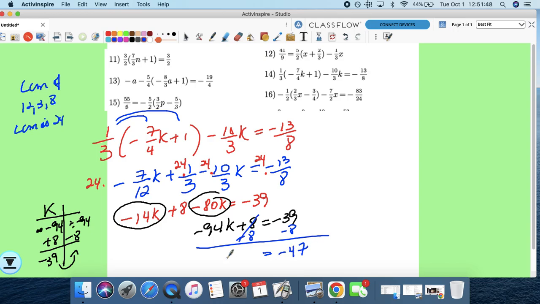This goes away, negative 94k. We're going to divide both sides by negative 94, and this side by negative 94. Negative divided by negative is a positive, and the positive 1 times k is k. And 47 divided by 94 is just exactly half.